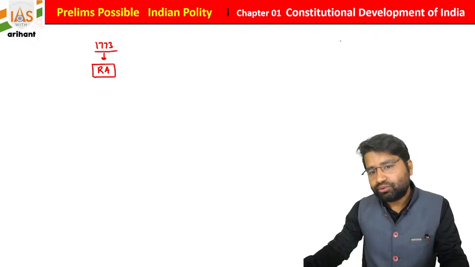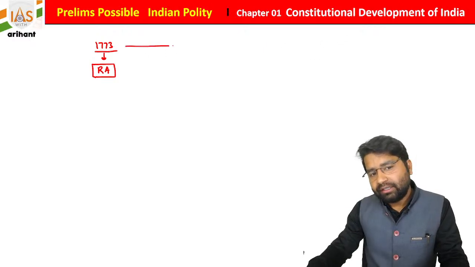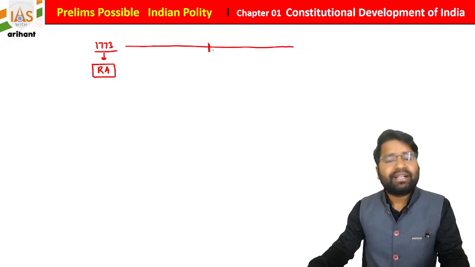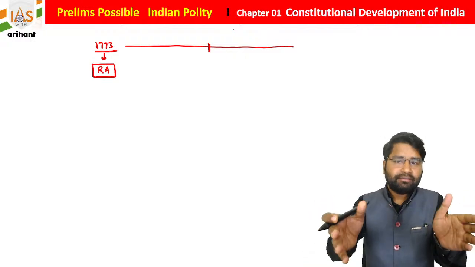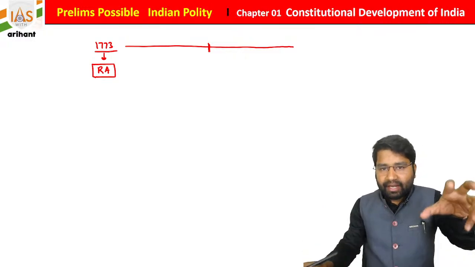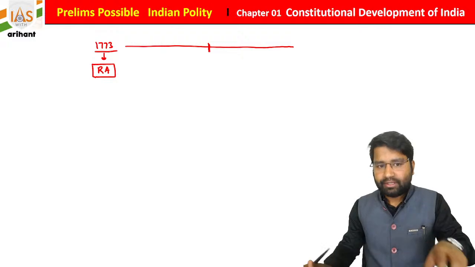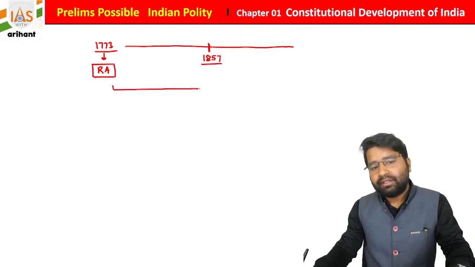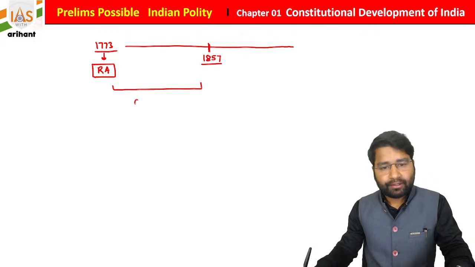And what you see, students, is that under the British East India Company, they are going to create British territory, and there will be possession. And up to 1857, up to the revolt of 1857, it was the company that was ruling over India.